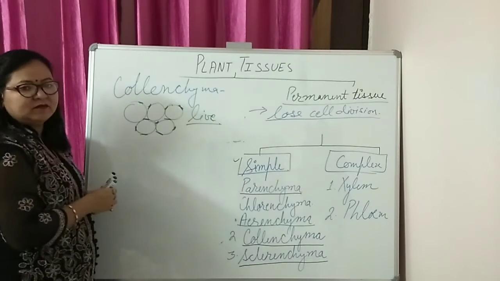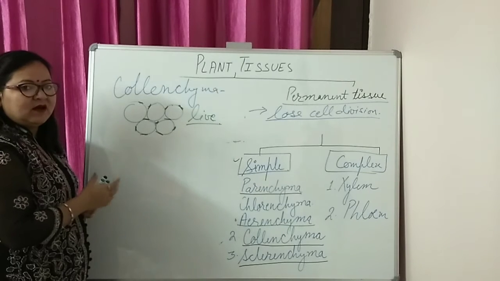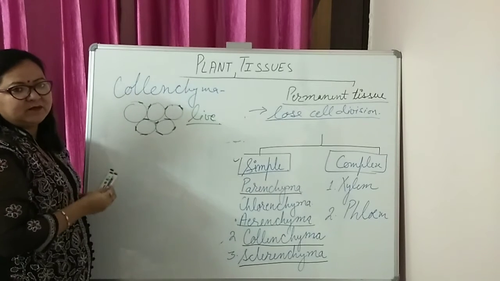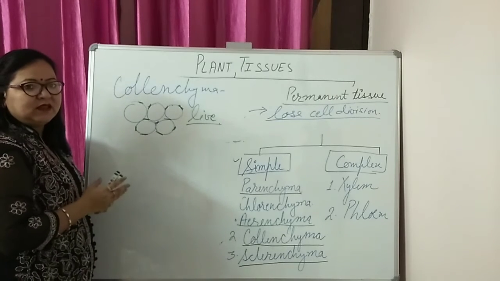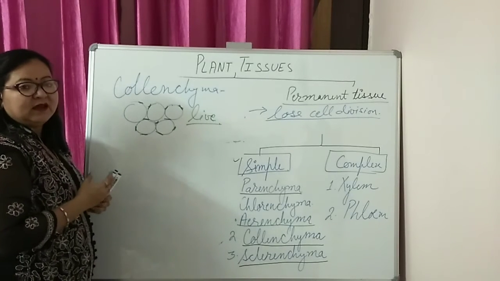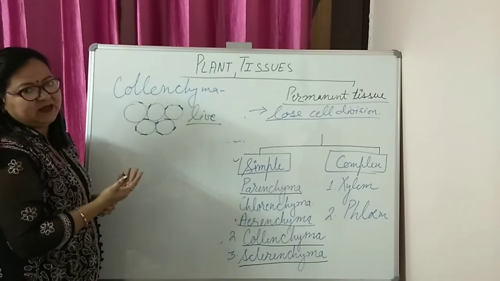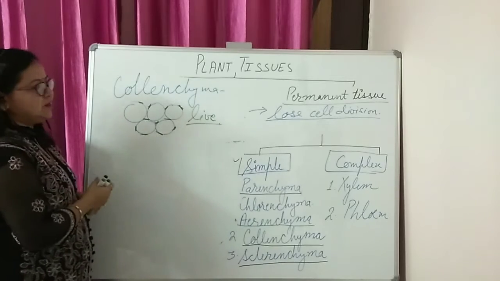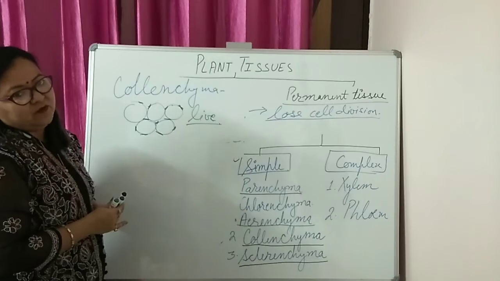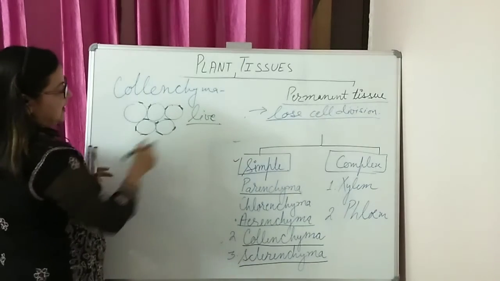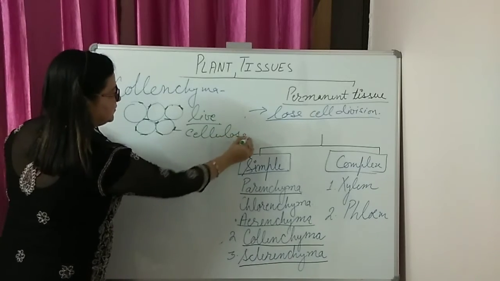They are present below the epidermis in the stems, and they are helpful for the flexibility of the leaf stalk. They are also present in tendrils and climber plants, which helps them to move without breakage. So these are the collenchyma cells. They provide mechanical support with flexibility, but still they are alive and the deposition is still of cellulose.